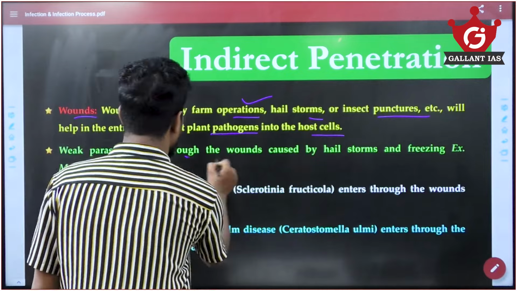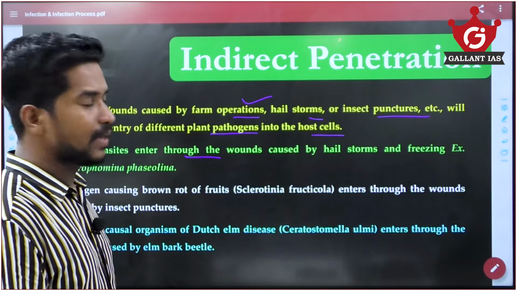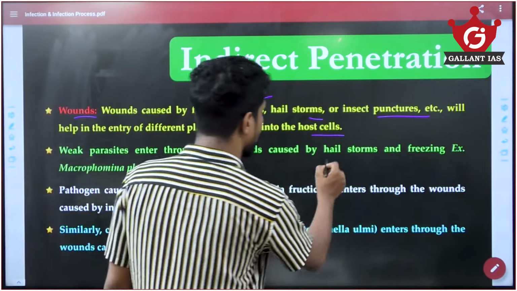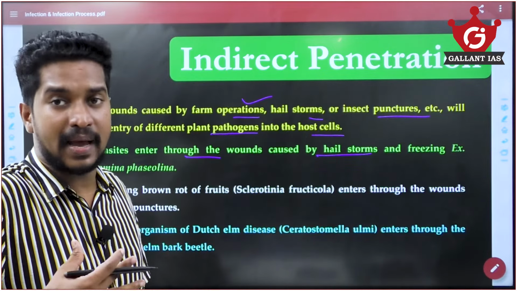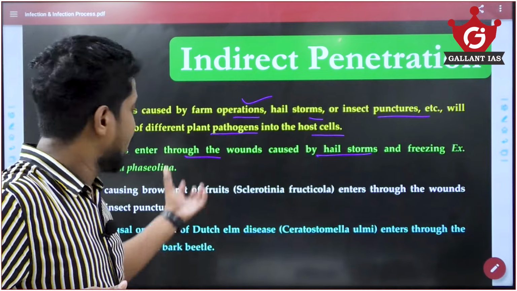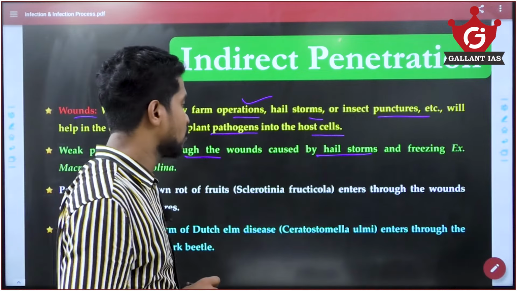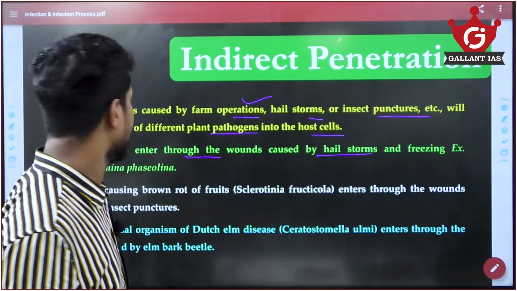Weak parasites enter through wounds caused by hailstorms and freezing.